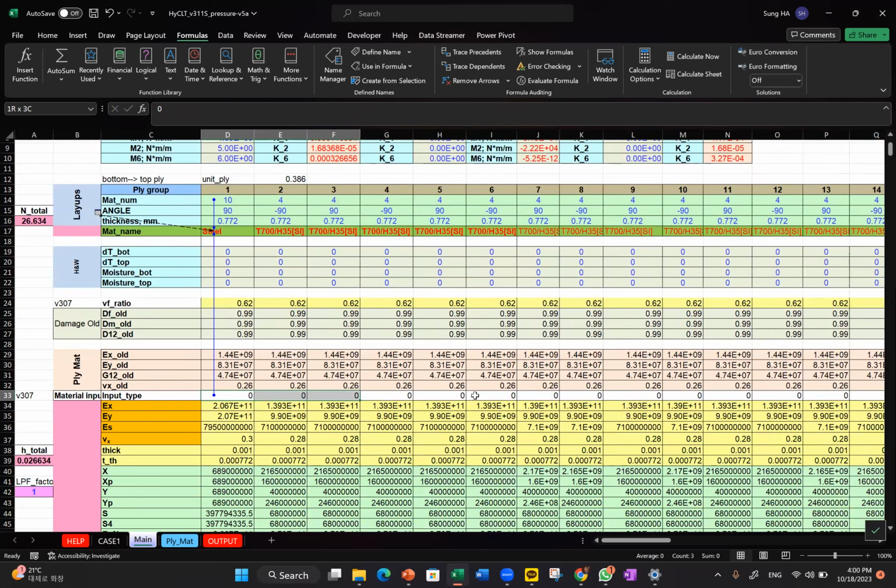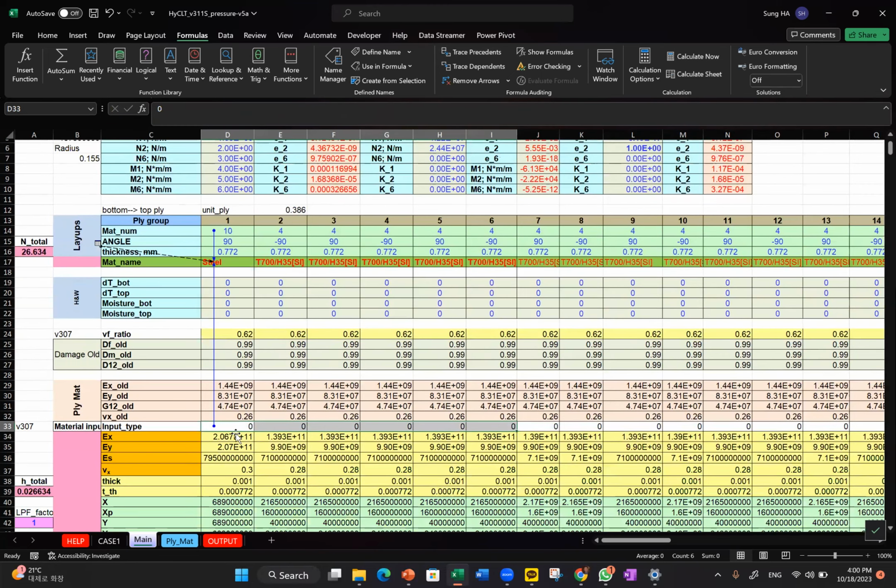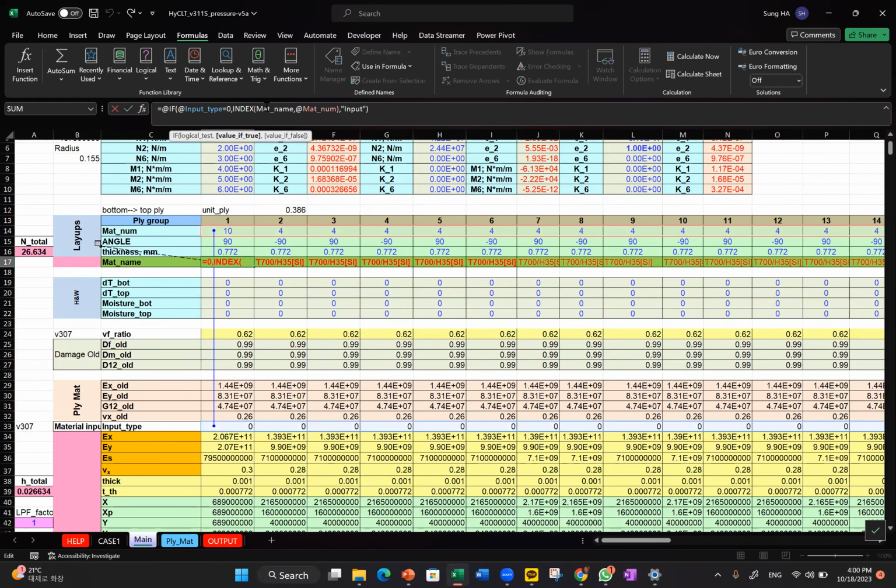I mean, this row is the input type, so it has a 0 there. What does 0 mean? Well, we don't have to worry about it. It is a 0. In that case, we call the name from this input here. So that's why we got this name.